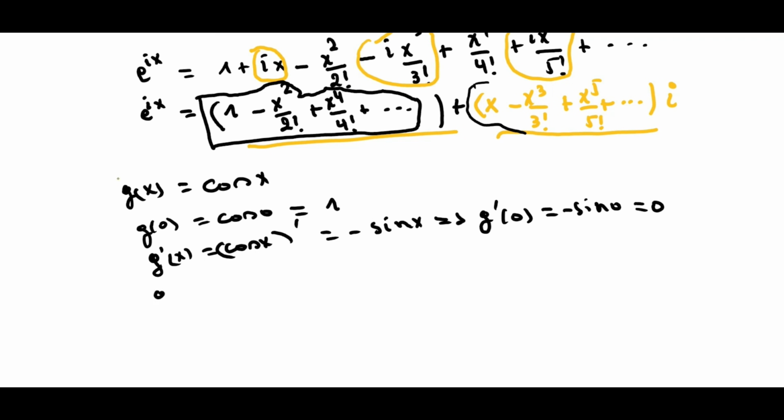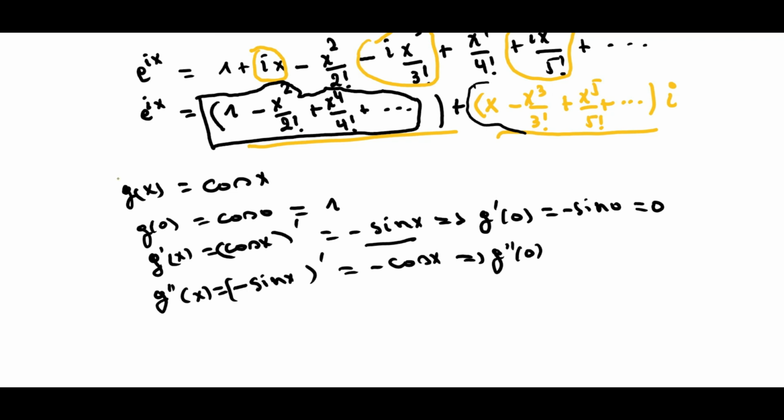And then the second derivative g''(x) will be the derivative of minus sine x, and if we differentiate this one, we will get minus cosine x. Then g''(0) will be equal to minus cosine of 0, which is equal to minus 1.